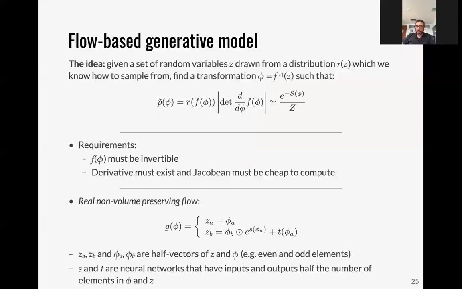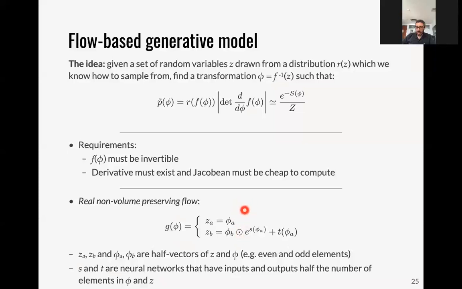And one solution to that is to use these so-called real non-volume preserving flows. The transformation that one does is you split your variables into two in some way.